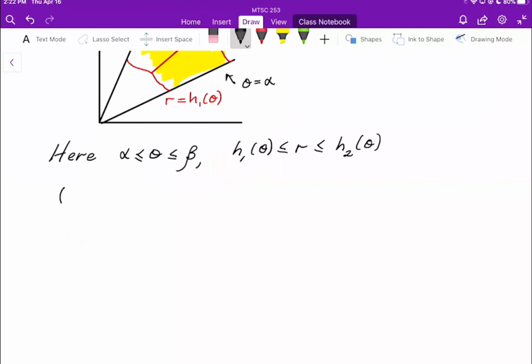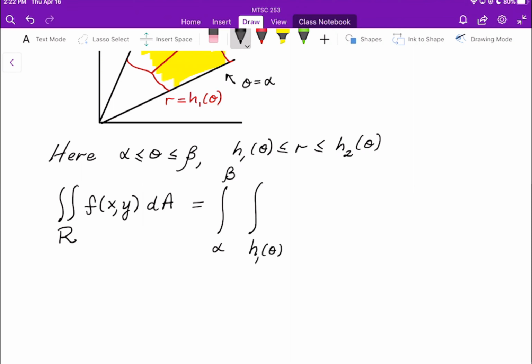So therefore, my double integral over my region of f(x, y) dA is going to be the integral from alpha to beta, the integral from h1 of theta to h2 of theta of f of r cosine theta, r sine theta, r dr d theta.